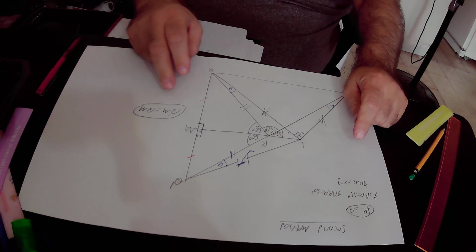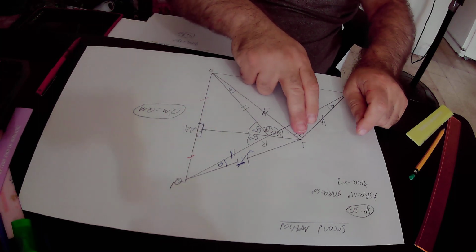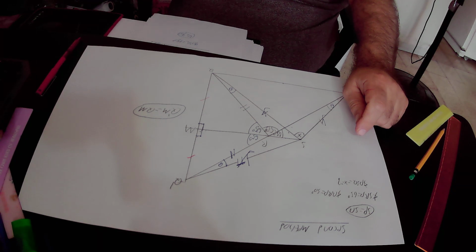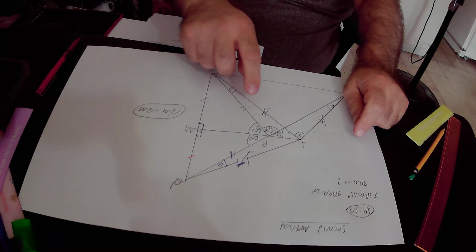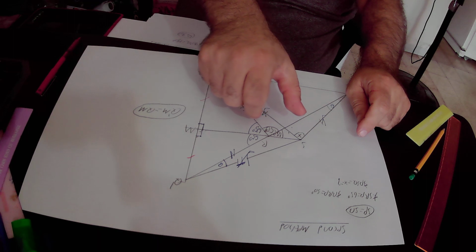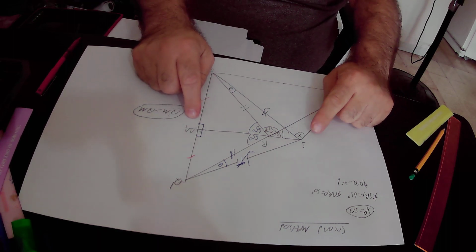Then we joined points R and Q dash by a straight line, and we joined points S and Q dash by a straight line. Then we extended SR by a straight line, and since SR is a side of the quadrilateral, it is a straight line, so SM will still remain a straight line.